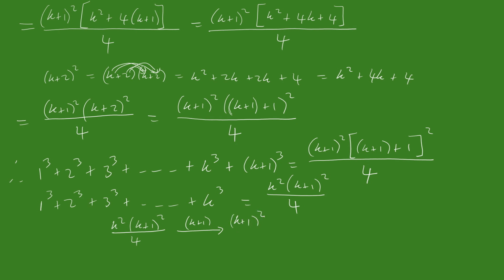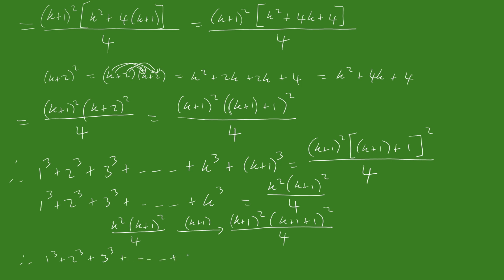So now you have (k+1) squared, and then instead of (k+1) squared, you have (k+1+1) squared over 4.